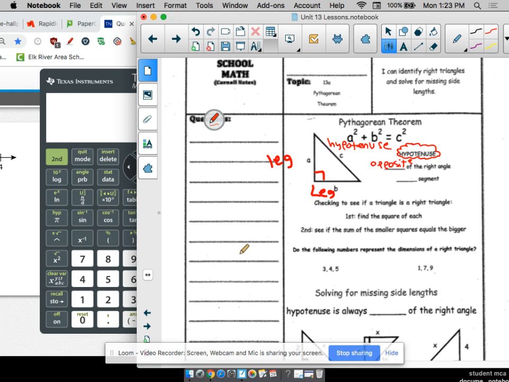It's also always the longest segment. It's not always nice like that; the hypotenuse and the legs can be rotated around. Your goal is to be able to tell what's what.